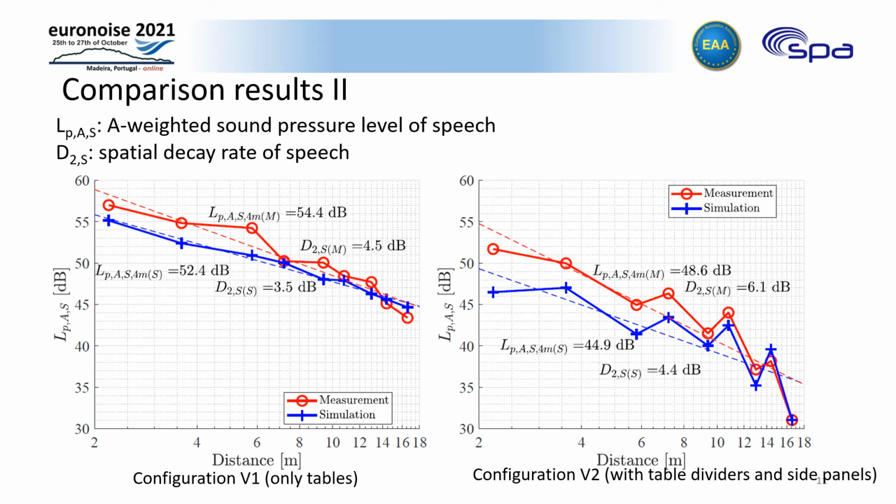For the first configuration setup, the monotonic decrease of the A-weighted sound pressure level is well predicted, while a fairly good agreement of the zigzag shape in terms of the sound pressure level is observed for the second configuration. It indicates that the effects of the table dividers and side panels are taken into account in the simulations.